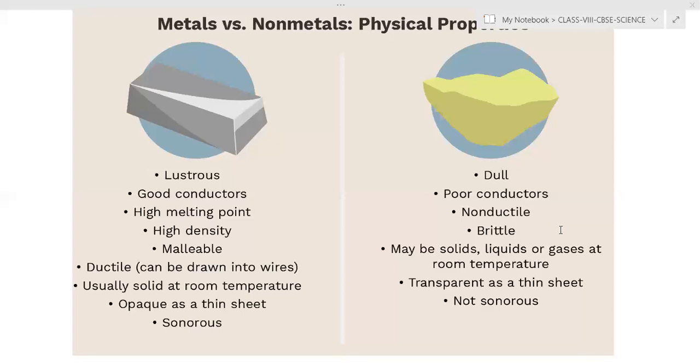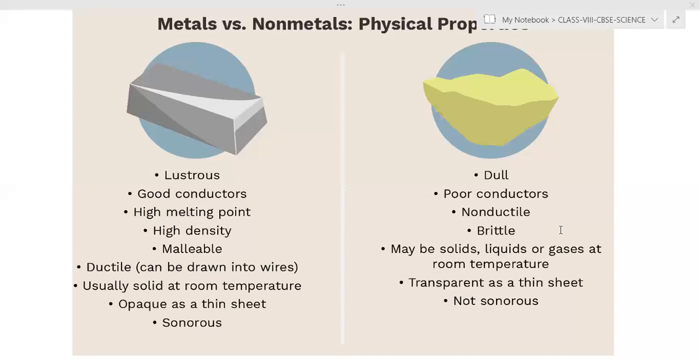Magnesium metal displaces copper from copper sulfate solution because magnesium is more reactive than copper. Magnesium, Mg, metal plus copper sulfate solution, CuSO4, blue colored metal salt, gives us magnesium sulfate, MgSO4, colorless metal salt, plus Cu, copper, red.